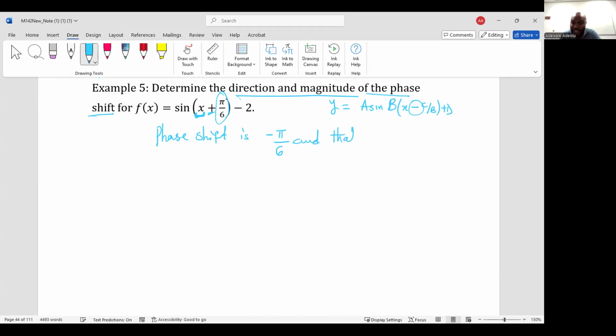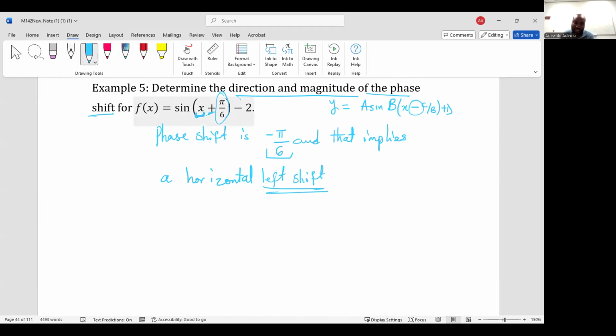And that implies a horizontal left shift. So that is the direction. Another way to say it is the magnitude is pi over 6.